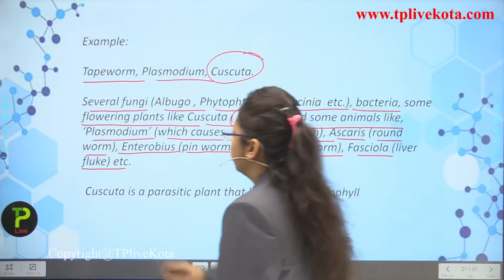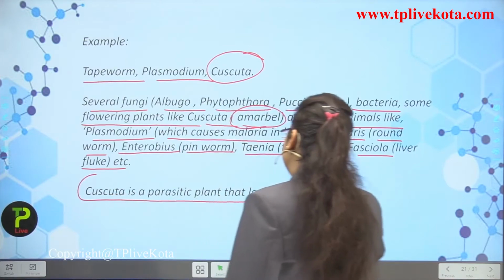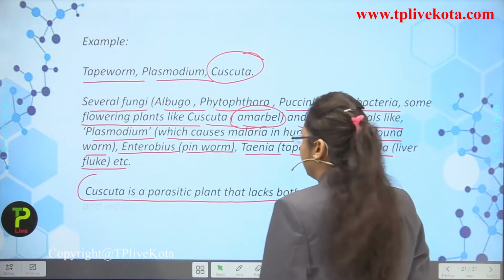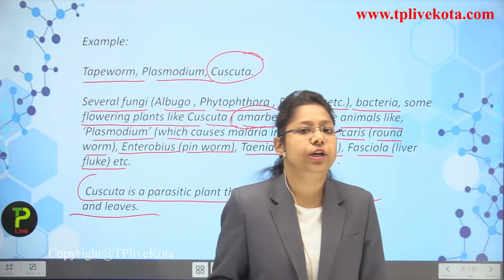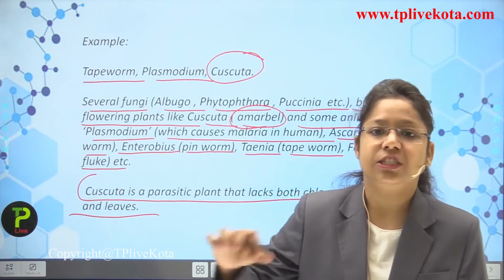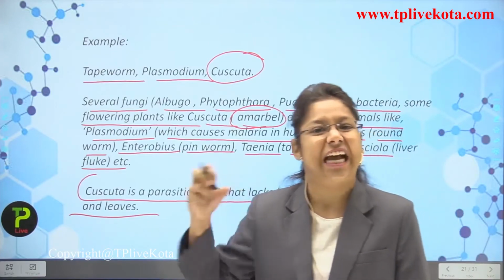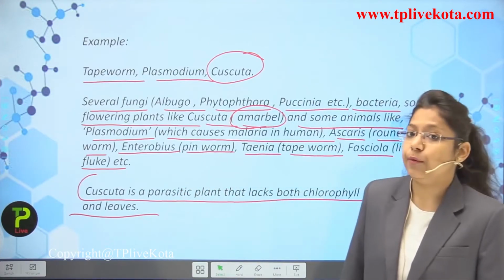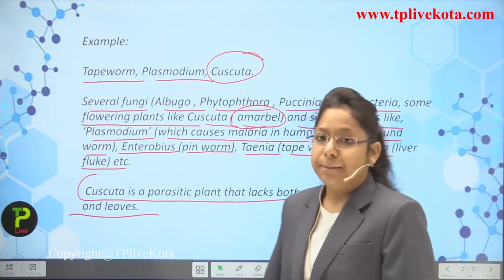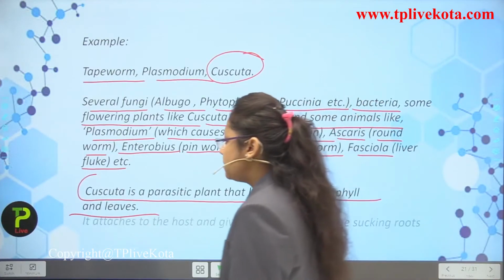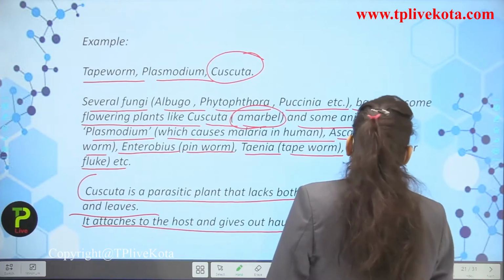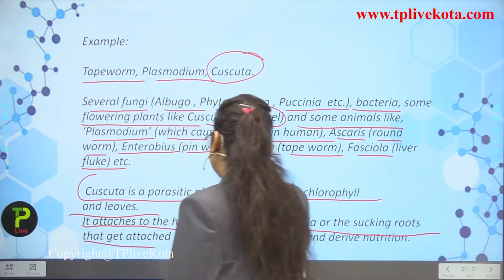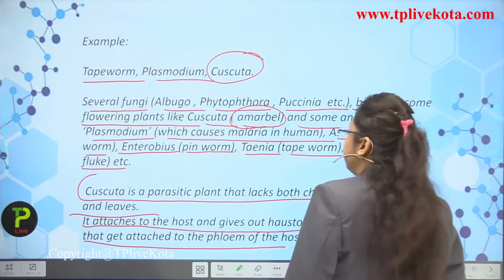Okay, now cuscuta is a parasitic plant that lacks both chlorophyll and leaves as well. So cuscuta, as I told you, is a parasitic plant which just lives on another plant and sucks its nutrition. Now how it happens, I am going to tell you through the pictures. Okay, now next point is it attaches to the host and gives out haustoria, or the sucking roots that get attached to the phloem of the host and derive nutrition.